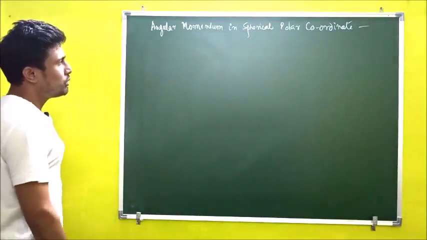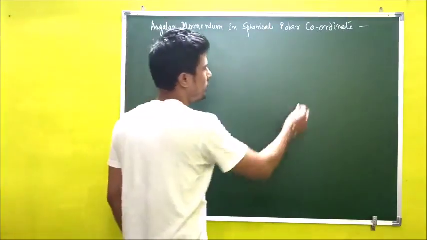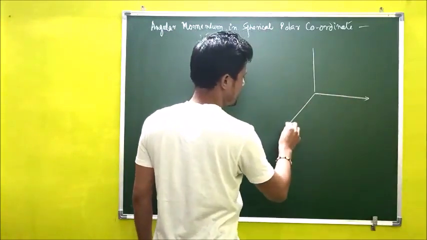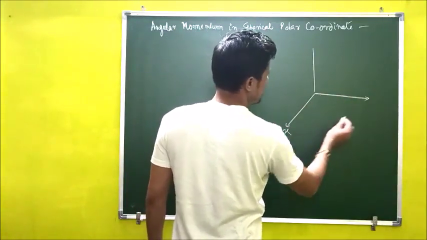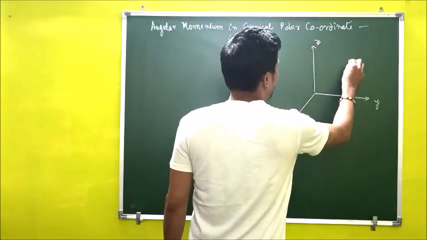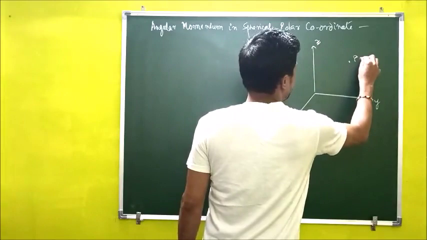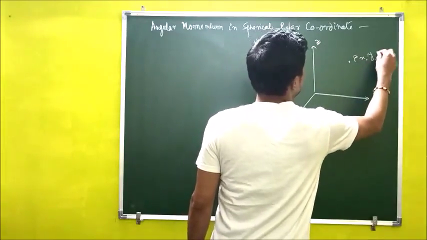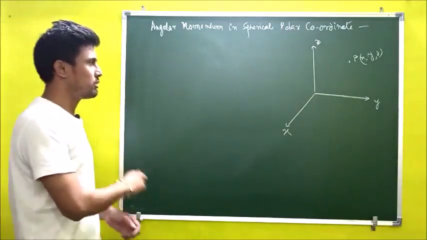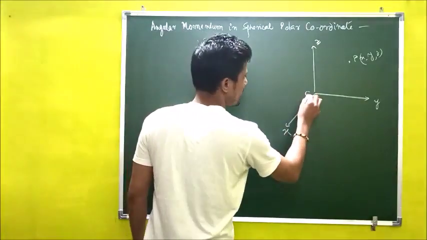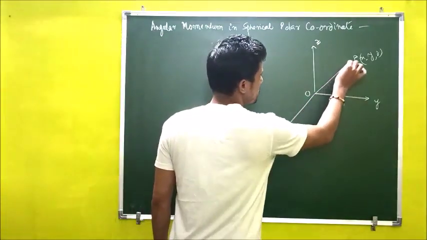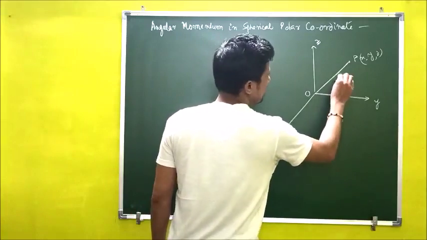So for this, we will consider a point in x, y, z, a three-dimensional Cartesian coordinate system. A point P (x, y, z) is considered. Here O is the origin, and the distance from the origin to this point P is r.